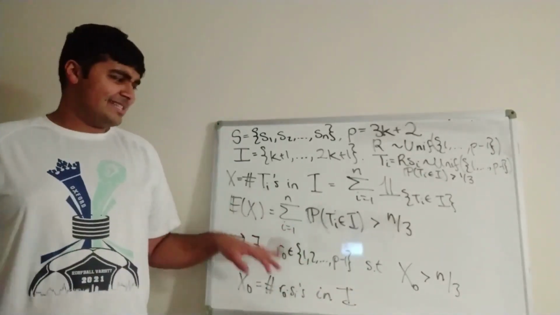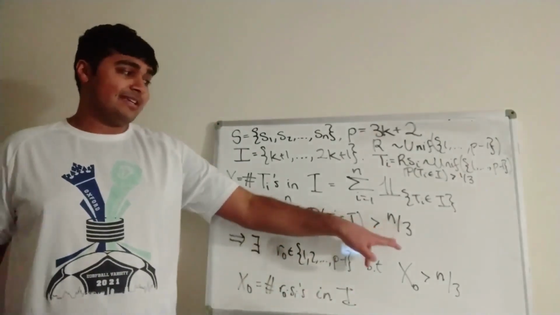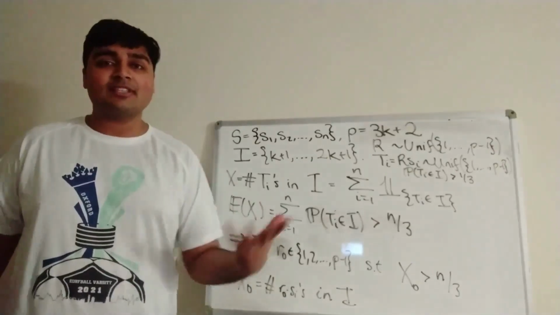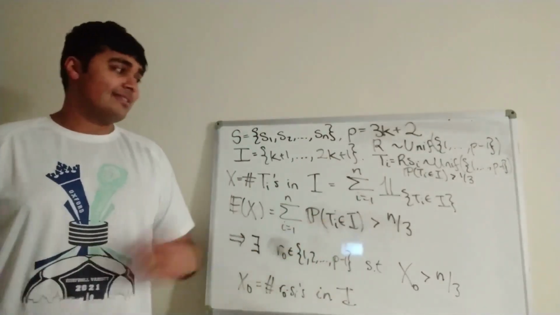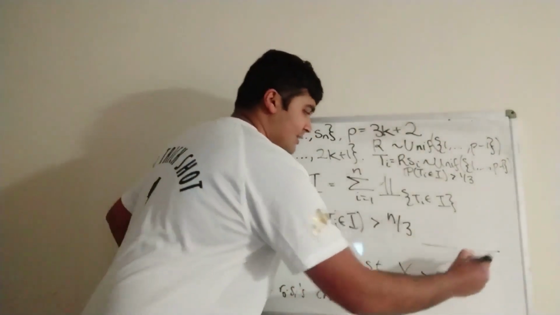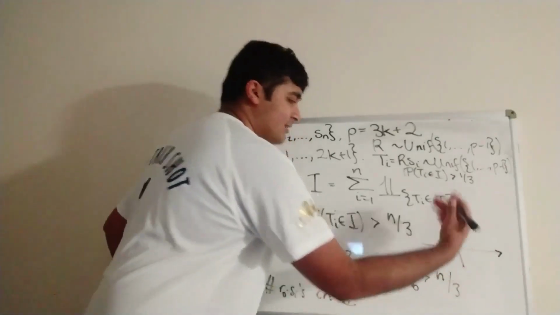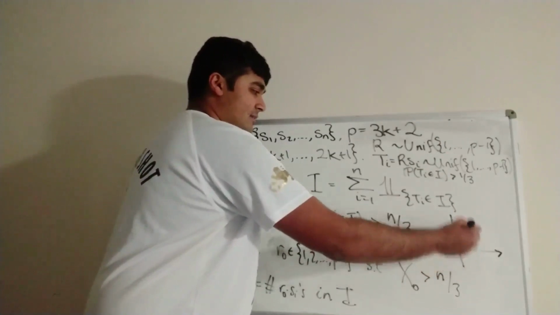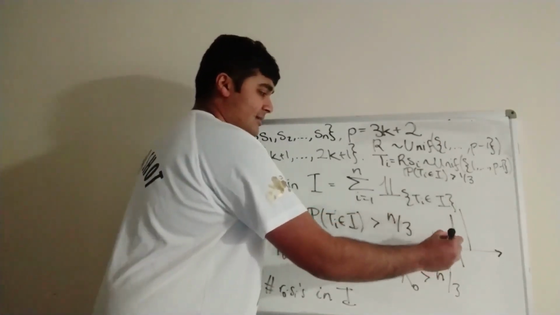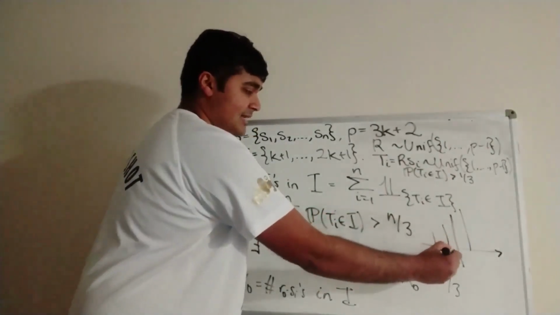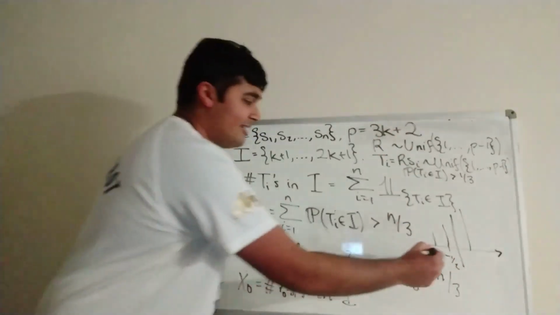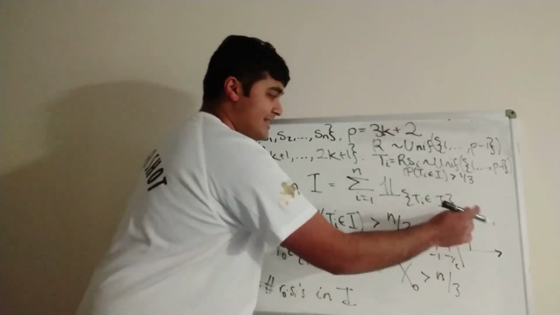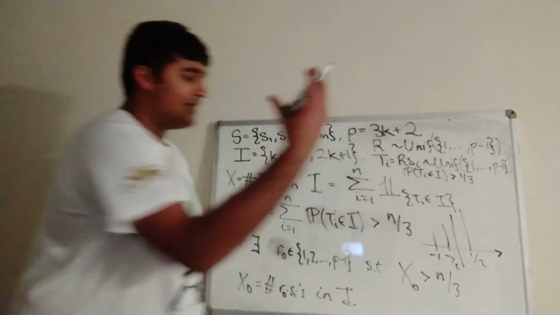Okay, so let's quickly go over this again. Because the expectation of X is bigger than n over 3, that means there are some states in which it is bigger than n over 3. If you think about it, say we have a random variable X on the reals, and we draw its probabilities: it takes this value, minus 1, with some probability, this value, a half, with a certain probability, and so on.